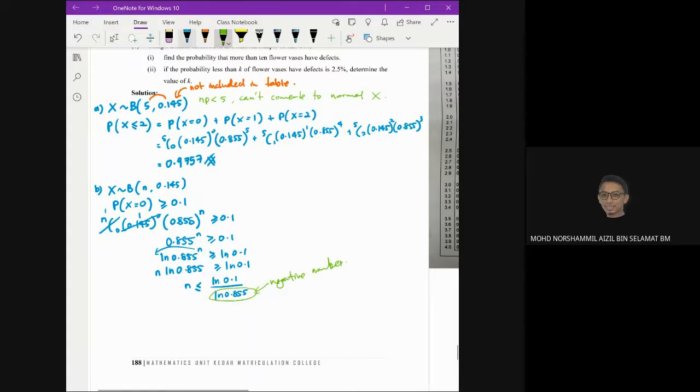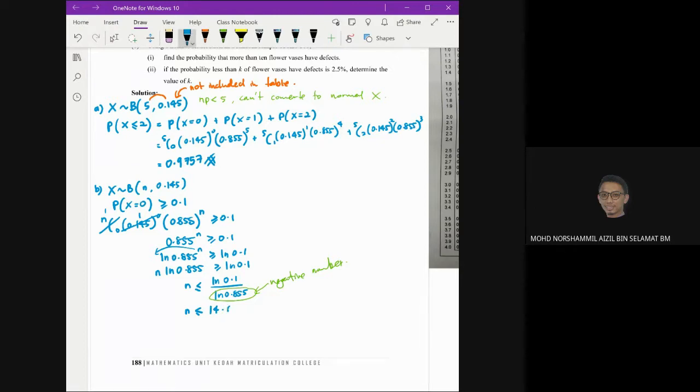Times or divide negative number, we need to switch the symbol. So we obtain n less than or equals to? Dapat apa? 14.7. Exactly. 14.7, sebab dia kat situ 69, 698 kat belakang tu.